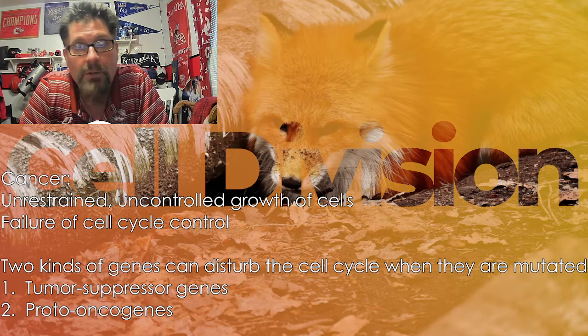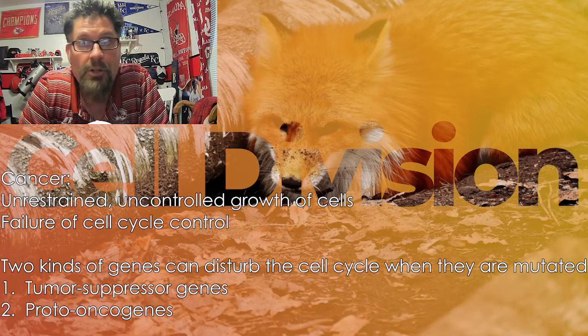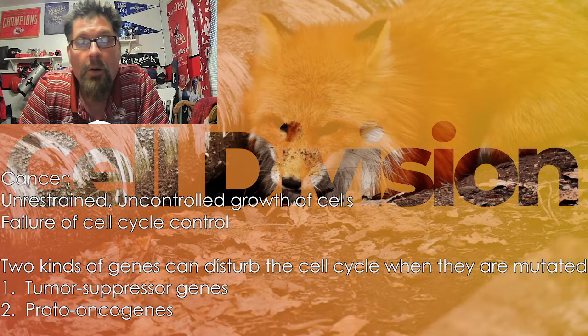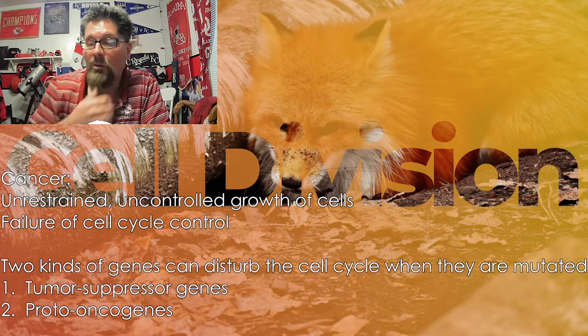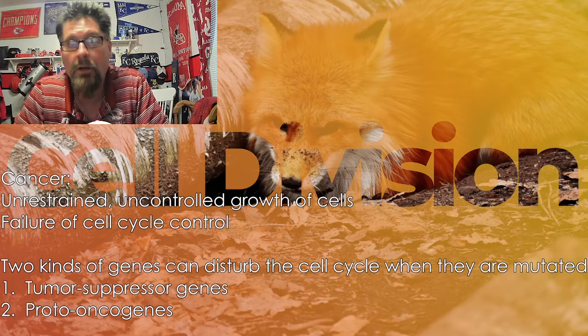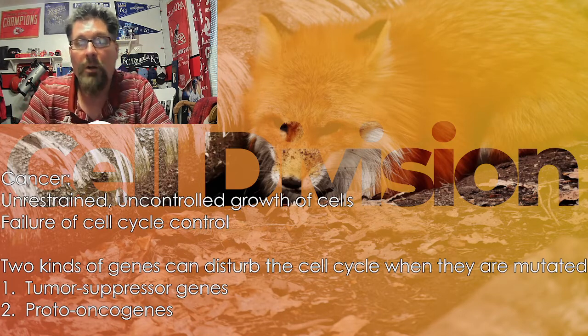It comes down to the fact that the cell cycle controls are just not working. Something has changed with this particular cell, and it's no longer responding to all those things that are in place, that we've spent 9 videos covering, to control that.